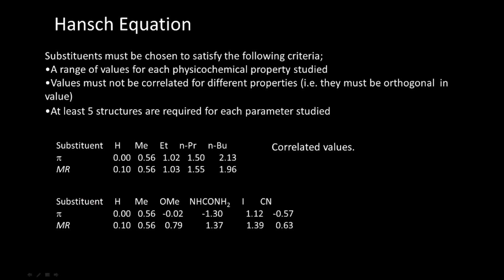So we have substituent H, Me, OMe, pi, MR. As you can see, some of them, there is no correlation in values. Here, there is no correlation in these values. These are all correlated: MR and the pi.